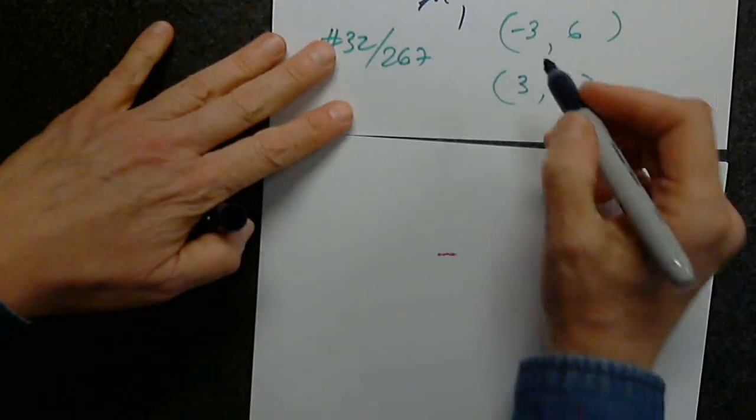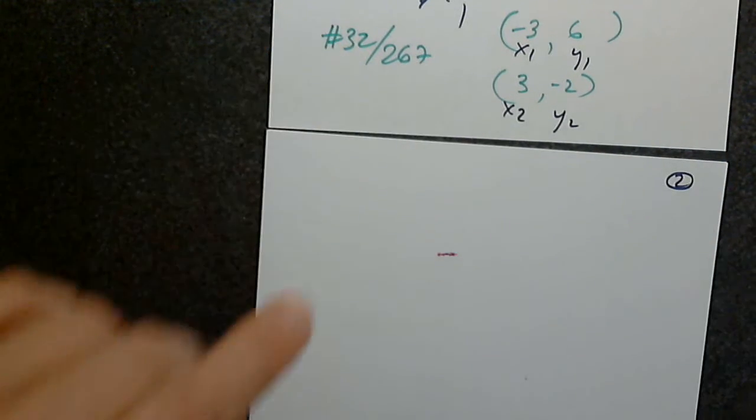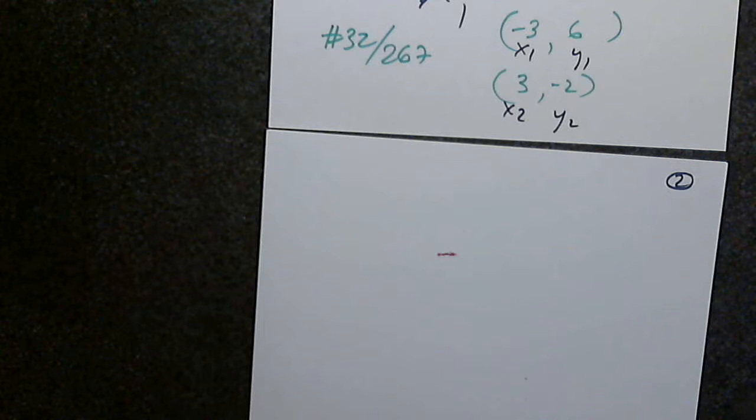What I would recommend is name those points, like x1, y1, and x2, y2, so you don't make a mistake. This is just a suggestion if you want to. So, how do I find the equation passing through 2 points? What is the first thing I need to determine?